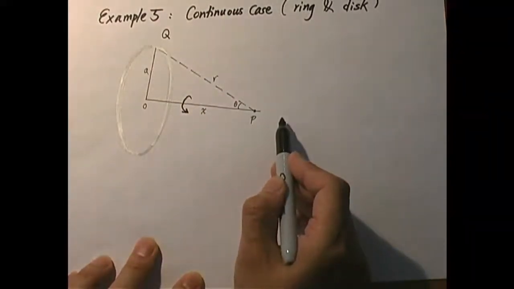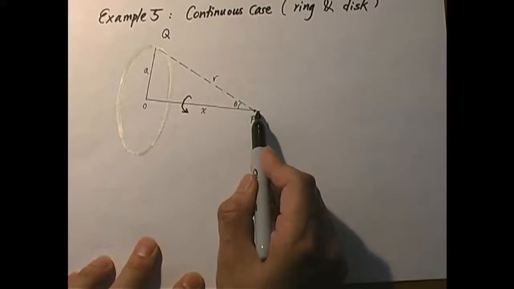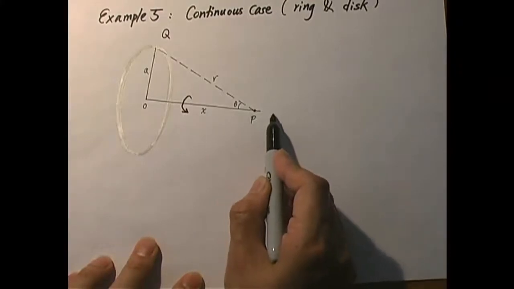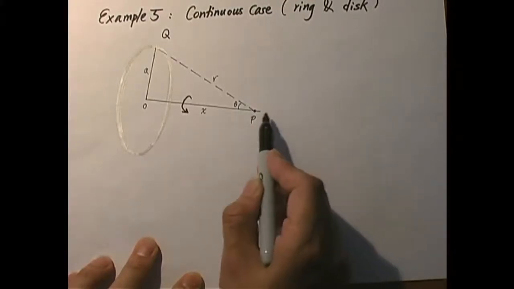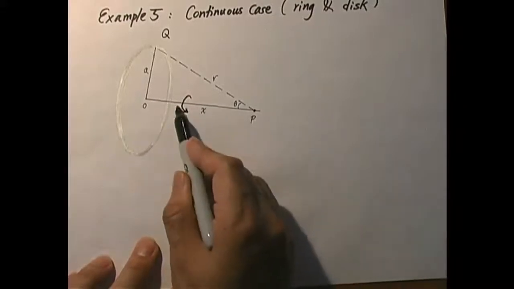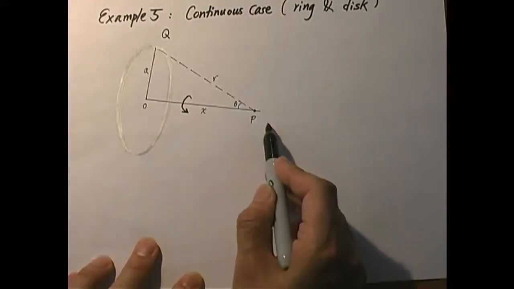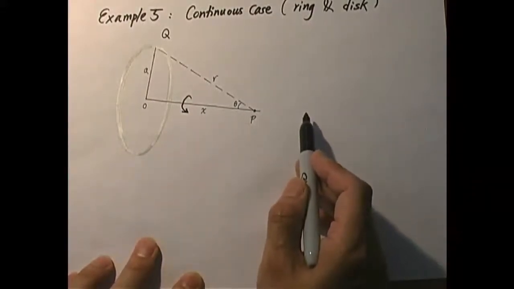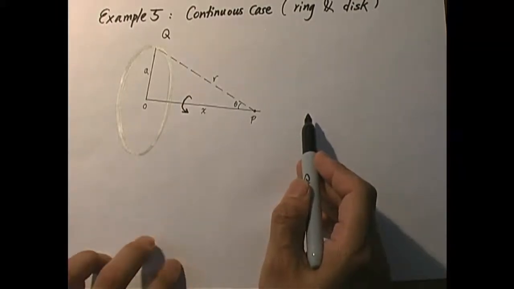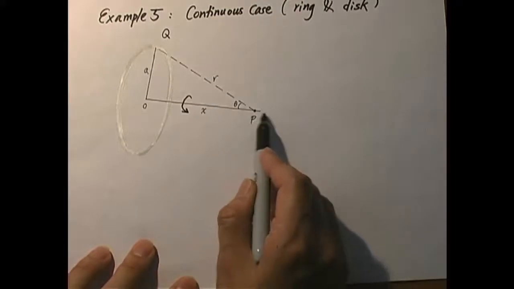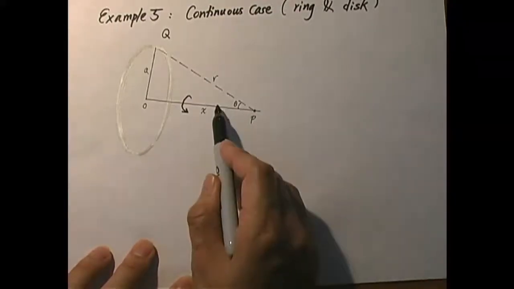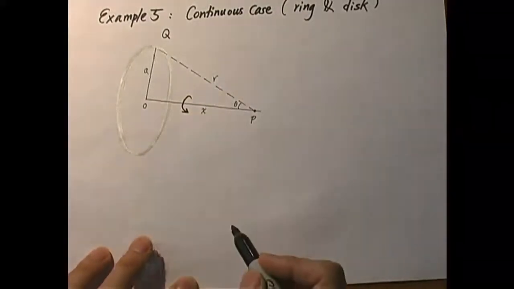What does that tell you? It tells you that the electric field can only be along the x-axis, because if it points away from the x-axis, as you rotate about the axis, the electric field will change direction, which does not make sense. So the symmetry consideration tells us that the electric field must be pointing along the x-axis. Of course, it can also point along the negative axis if Q is negative.